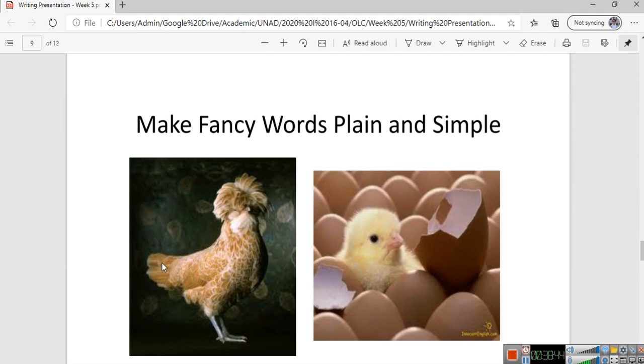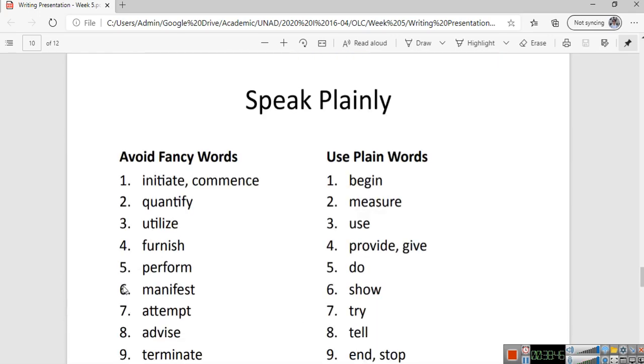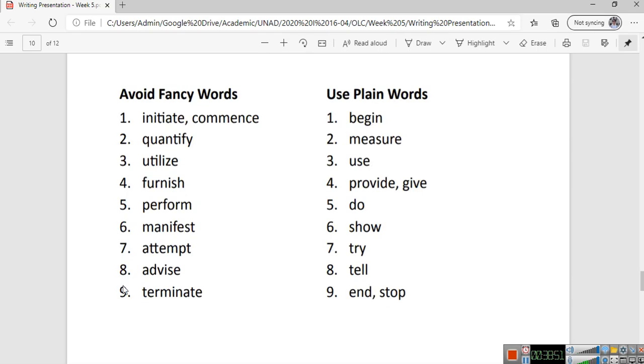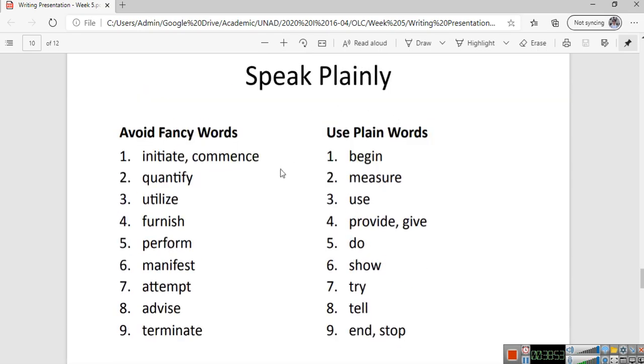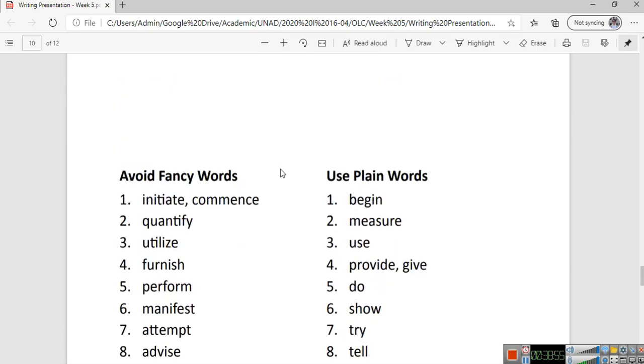So the invitation is to write plainly and simple. We have here some examples. Avoid fancy words and use plain words.